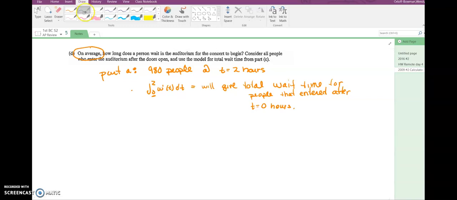So this is the integral I would need. I would need 1 over 980 times the integral from 0 to 2 of 2 minus t r of t, that is from part C, dt. And this should all make sense after you look through what I wrote in orange.